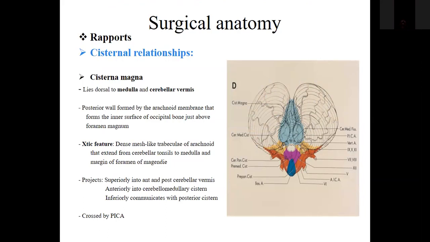Characteristically, in this cistern, we have mesh-like trabeculae originating from the arachnoid matter that extend to the cerebellar tonsils and to the medulla and the margin of the foramen of Magendie, the medial foramen of the fourth ventricle. It projects superiorly into and posterior to the cerebellar veins, anterior to the cerebellomedullary cistern, and inferiorly communicates with the posterior cistern as it is crossed by the posterior inferior cerebellar artery.